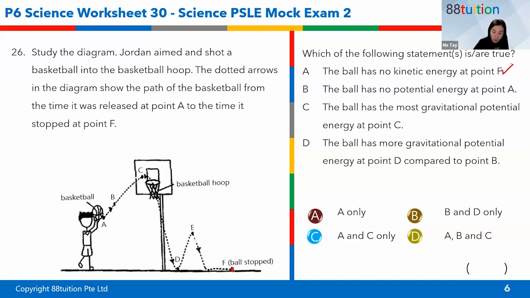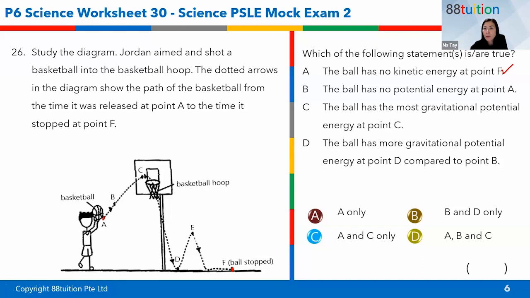The ball has no potential energy at A. Is it true? At this point A, do you think the ball has potential energy? Tell me. If you say yes, tell me why. If you say no, explain why also. Is there any gravitational potential energy there?